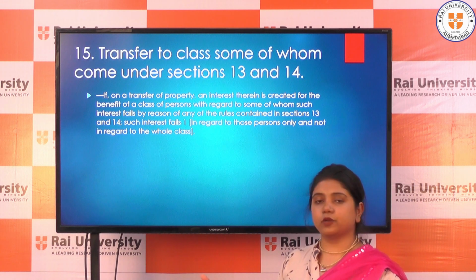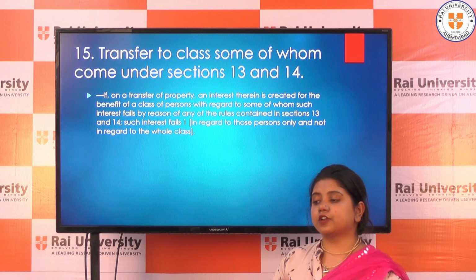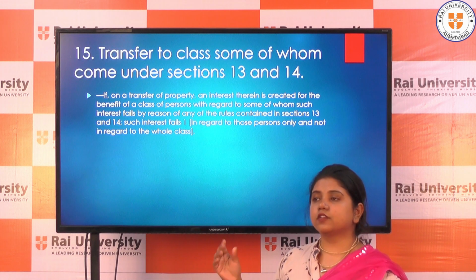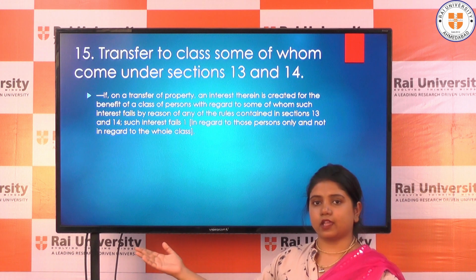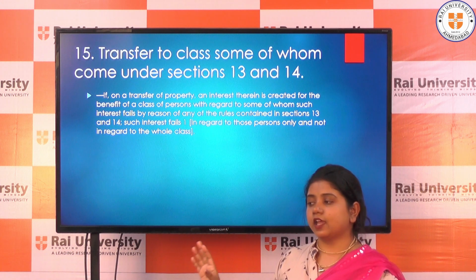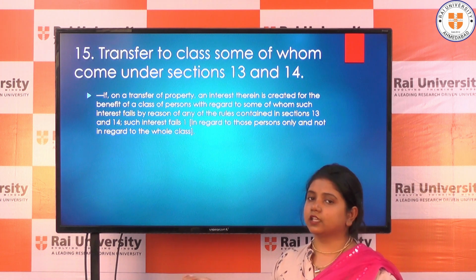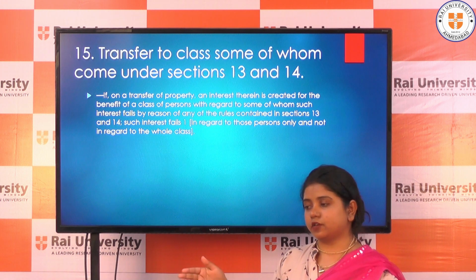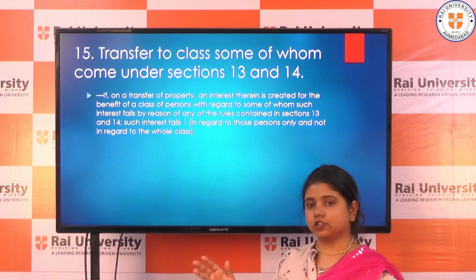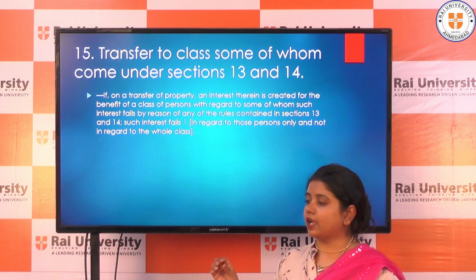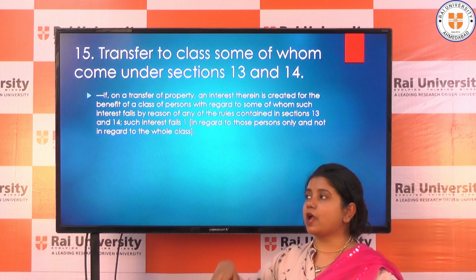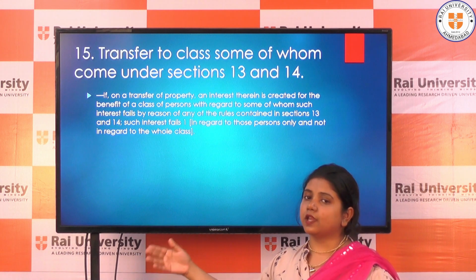For example, A wants to transfer the property to the sons of B, X and Y, and as soon as X and Y reach the age of 18 years, the property transaction will take effect. So A transfers to B, a life interest is created in that property for B, and after that the property will absolutely transfer to X and Y.